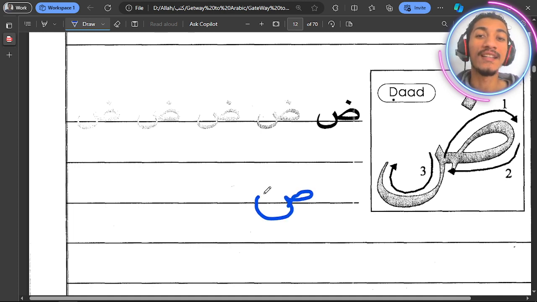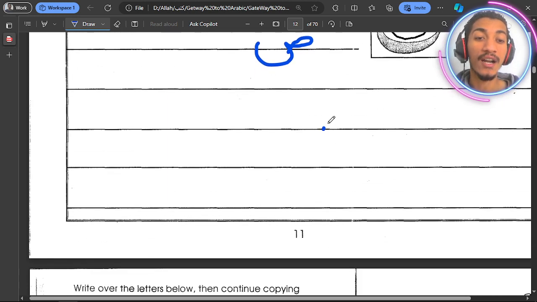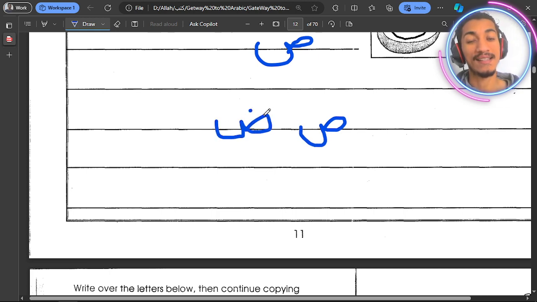It's dod. Again, dod. It's also one of the heavy letters that we will talk about inshallah in the next classes. This one is dod. Now we did two similar letters, which are sod with no dots and dod, its sister with a single dot up. That's good.